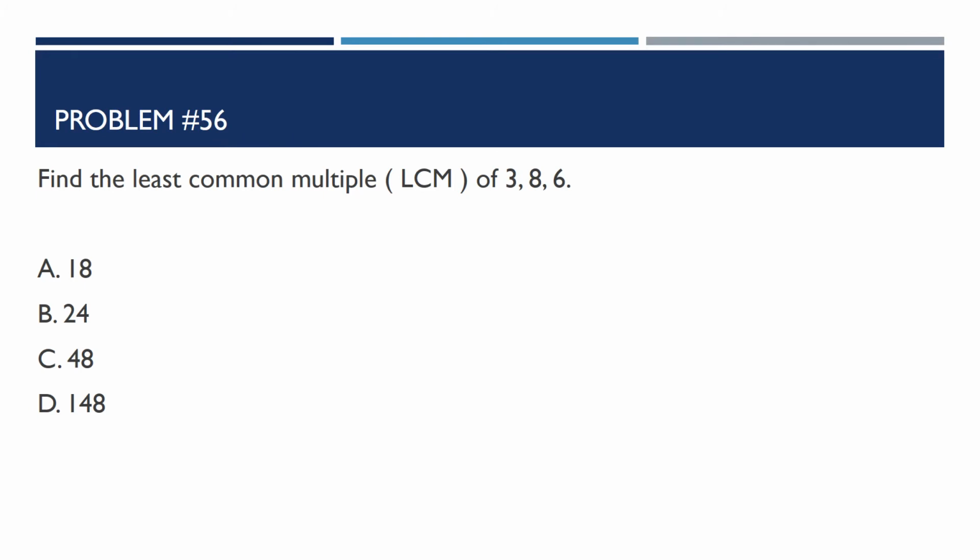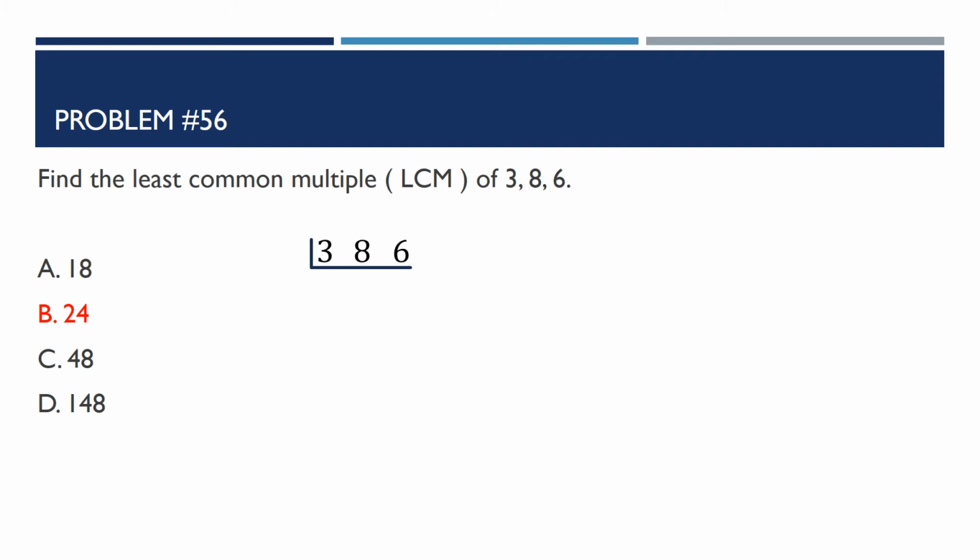Number 56. Find the least common multiple of 3, 8, and 6. So let's find the answer. The least common multiple is 24. So how do we get 24? Using continuous division for getting the LCM, we plot the given 3, 8, and 6, and then get a common divisor.